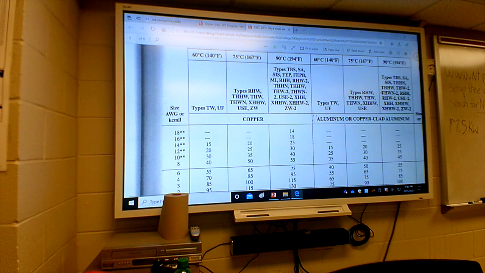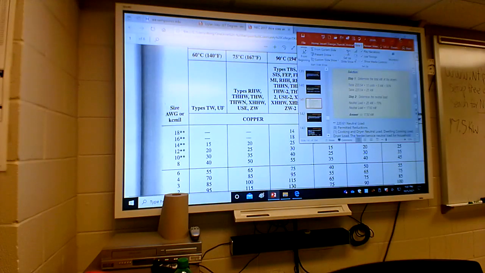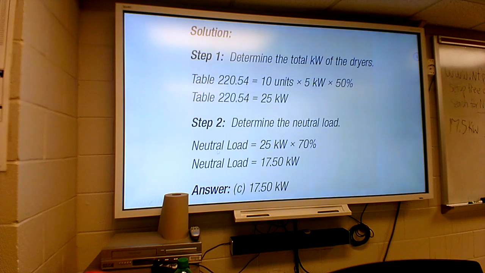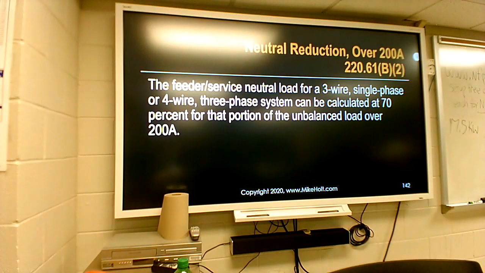All right, so let's go back. Does everybody agree with how we actually got our amps out of the kilowatts? We're just using Ohm's law there, right? And then the next thing would be the feeder service neutral load for a 3-wire single phase.